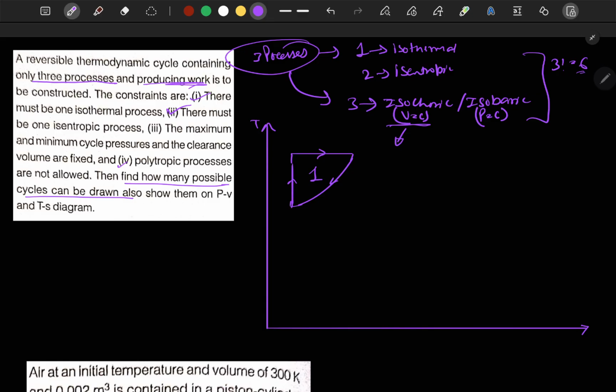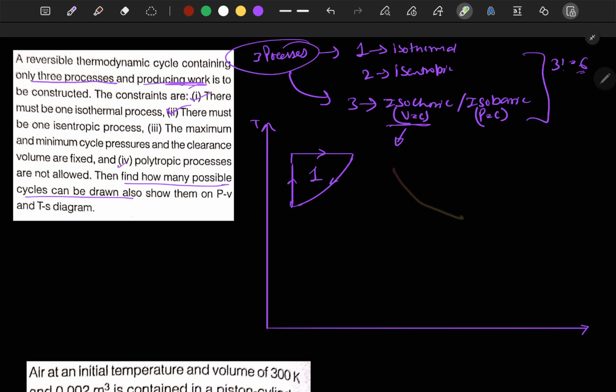In the previous lecture I told you that all processes should have a slope greater than or equal to 0 on the TS curve. So a constant pressure curve or constant volume curve should also be this way. No curve on the TS diagram goes like this; this type of curve is only possible on the PV curve.